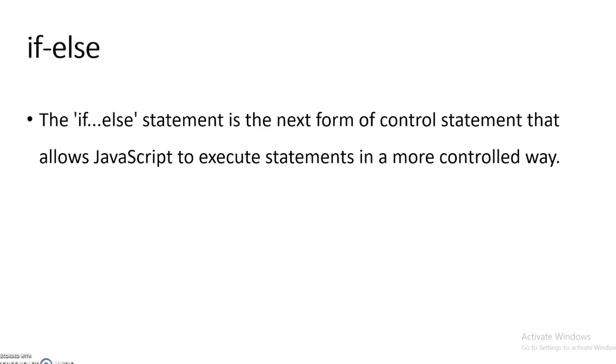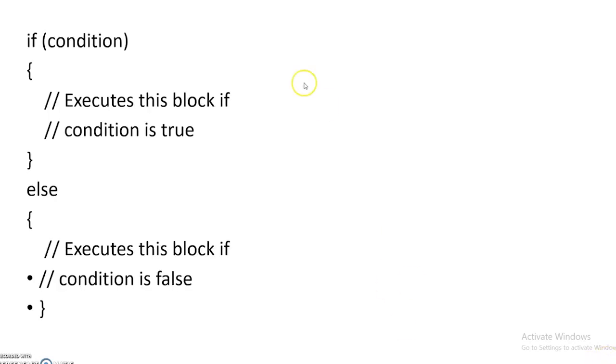The syntax is like this: if the condition is true, execute this block of statements, else execute the next block of statements. There are two branches, one for true and one for false.